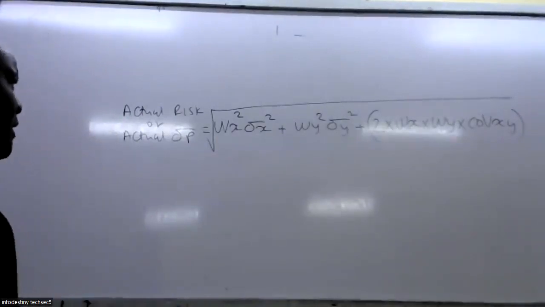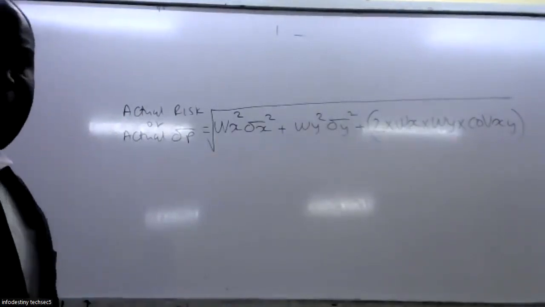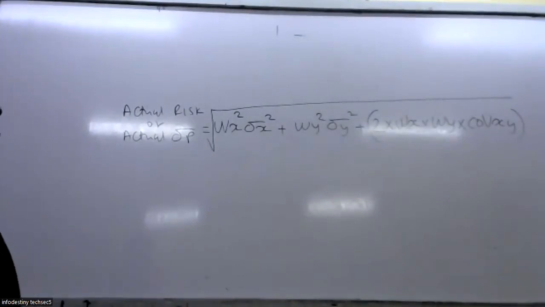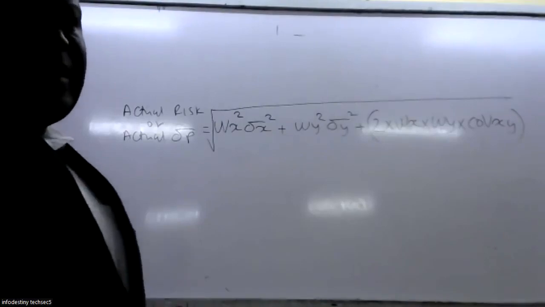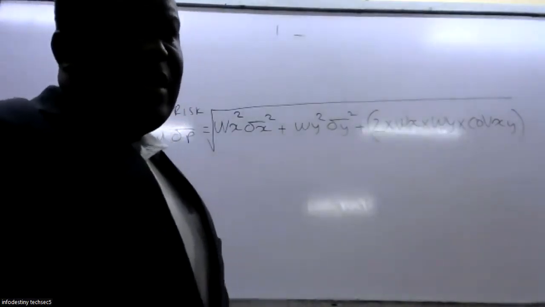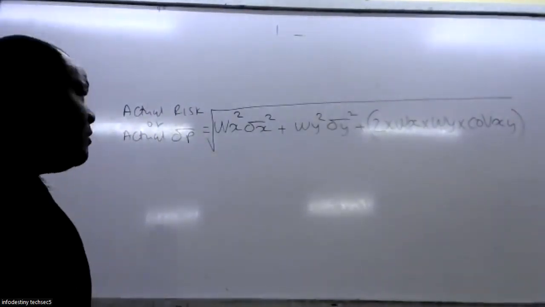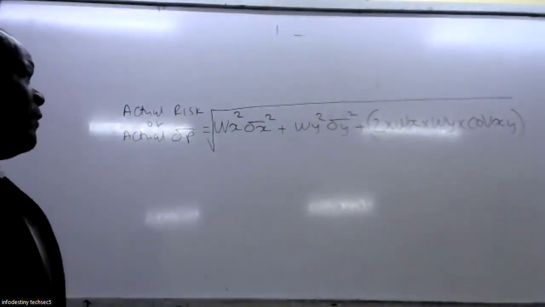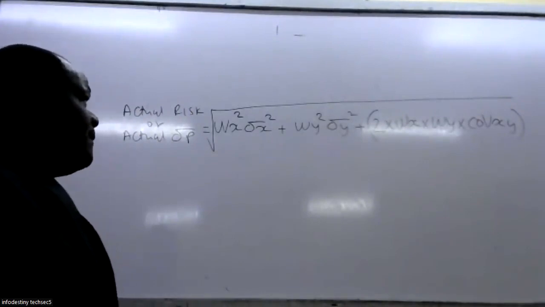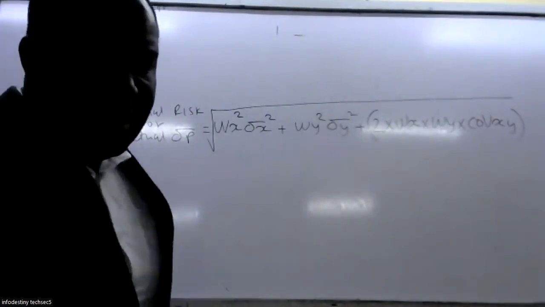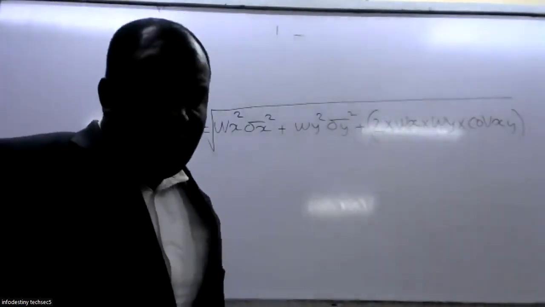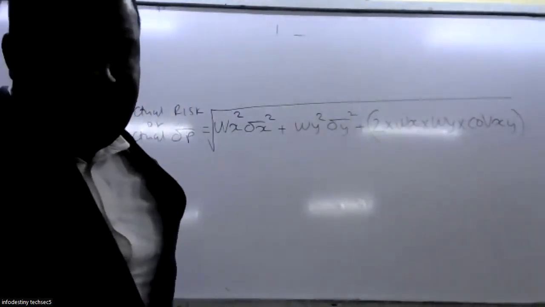So you simply take the weight of X squared multiplied by the variance of X. We also add the weight of Y squared multiplied by the variance of Y. Then we also add, in brackets, 2 multiplied by the weight of X, the weight of Y, and the covariance between X and Y. So we already have those details.